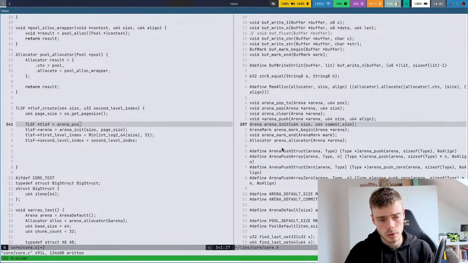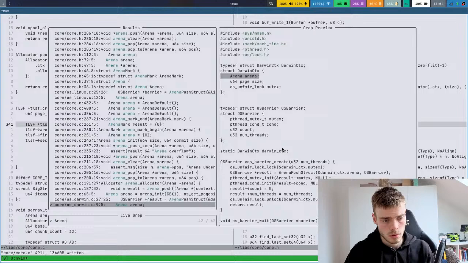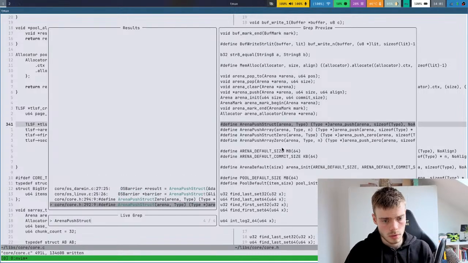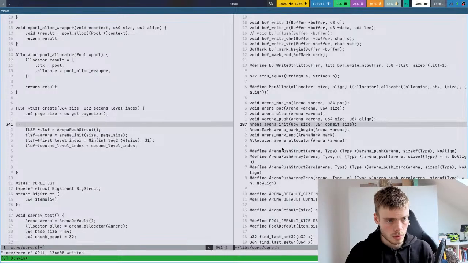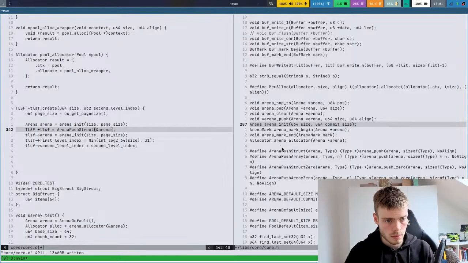What we can then do is TLSF arena push, call it arena push struct, arena push struct, arena, TLSF, TLSF.